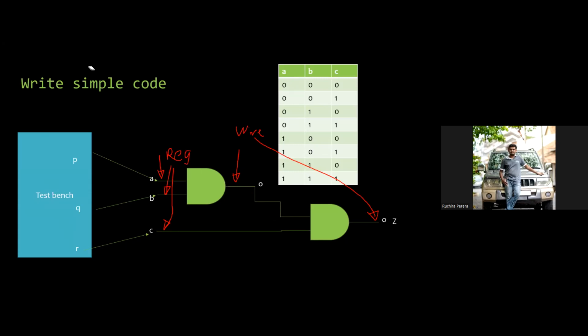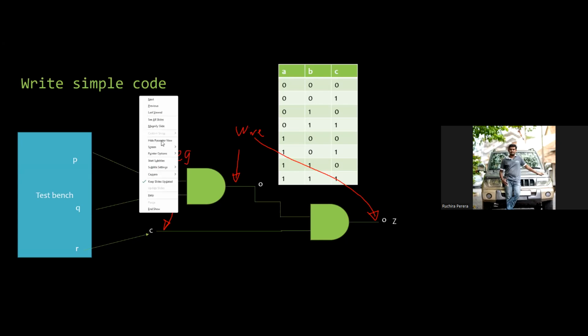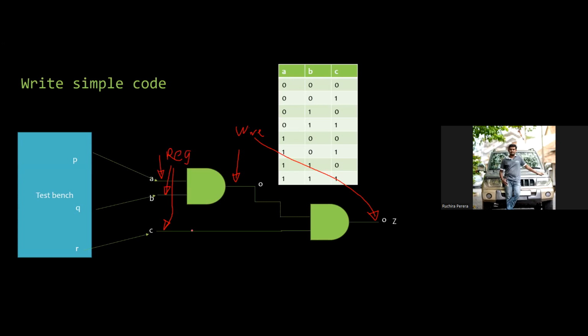Please get a screenshot of this diagram, and then I will switch the screen to the code that we wrote just now. Then you will be using that code to modify and make this one. Okay, I hope you have taken a screenshot of this one.